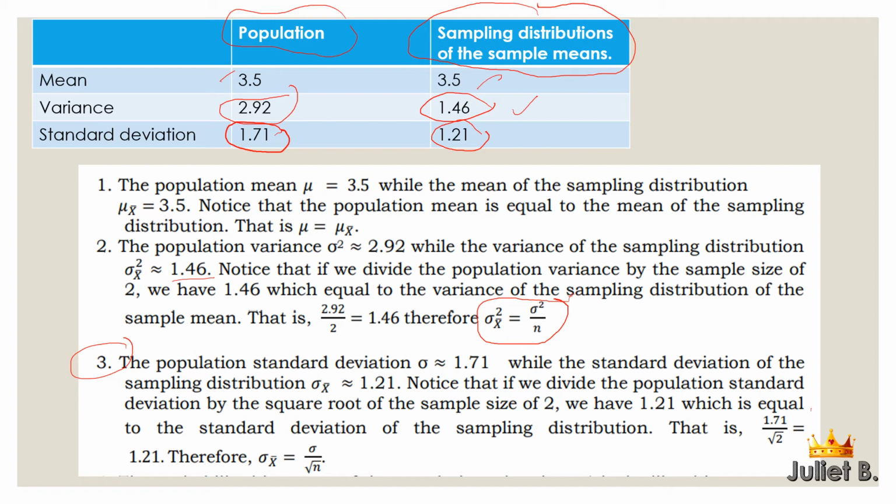Kaya nga yung 1.71 divided by the square root of 2, ang sagot 1.21. Kaya panibagong formula ulit, kung hinihingi ang standard deviation ng sampling distribution, ang gagawin na lang natin kung may given tayo ng population standard deviation is to get the population standard deviation divided by the square root of the sample size. So, yan ang pagkakaiba ng dalawa.